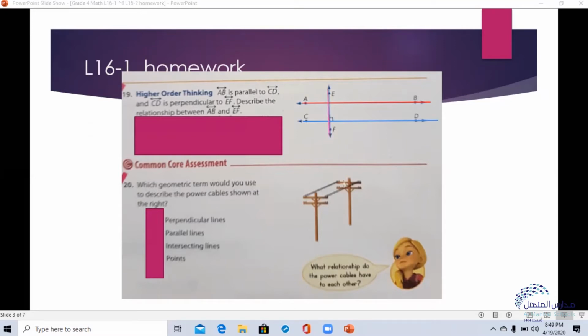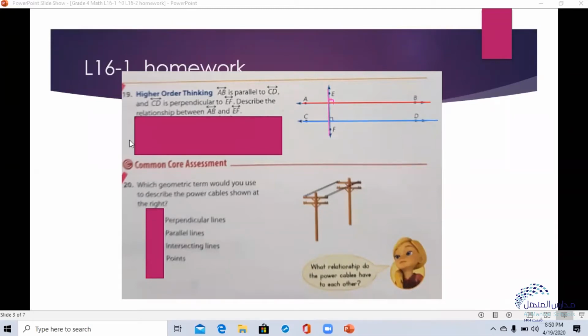If those lines are perpendicular to one another, describe the relationship between line AB and EF. If line AB and CD are parallel to one another, and line DC and EF are perpendicular to one another, that means that line EF and AB should also be perpendicular to one another. So there should also be a square there.